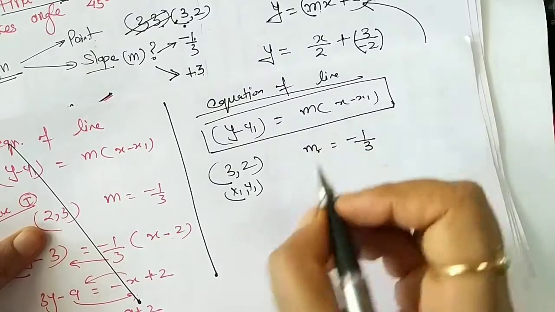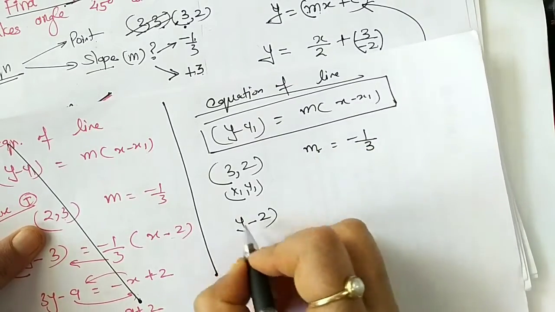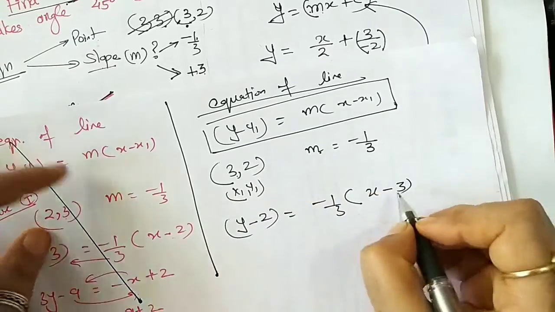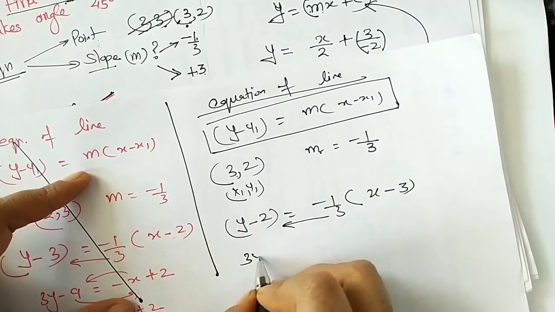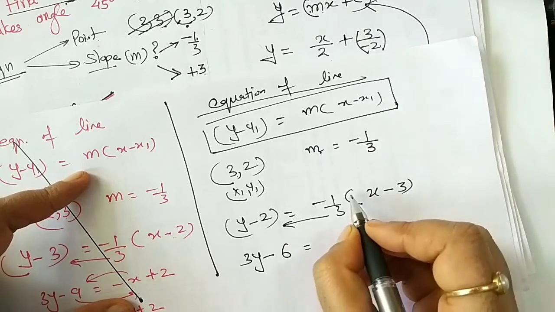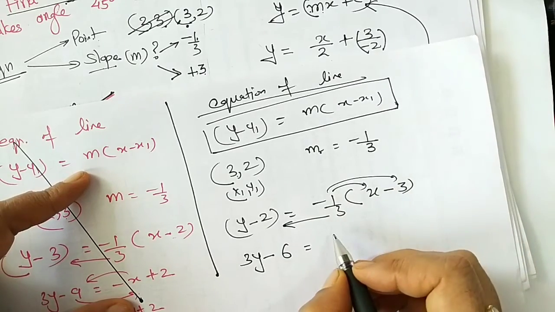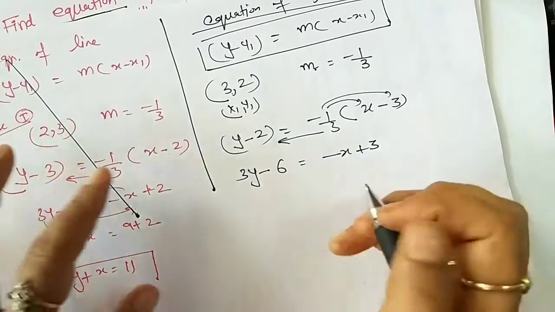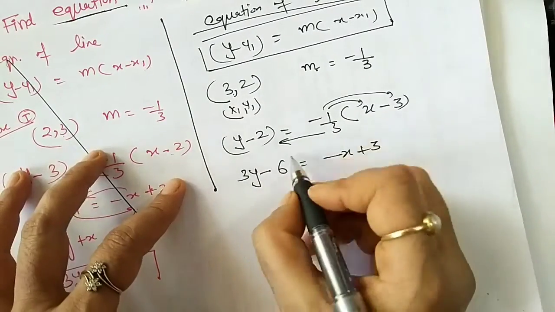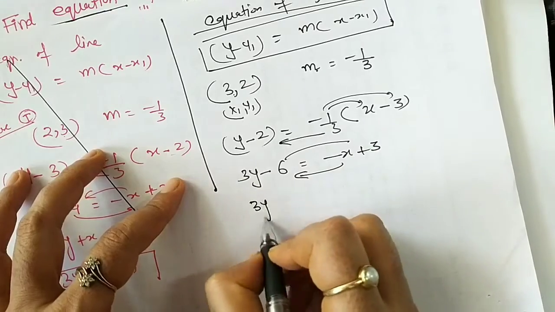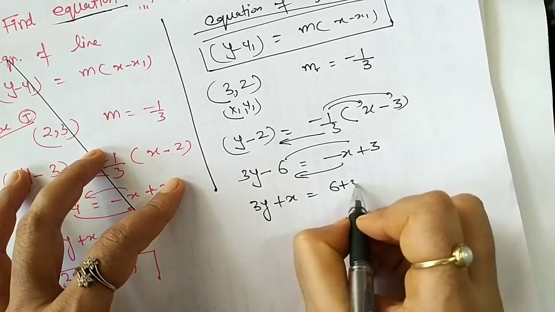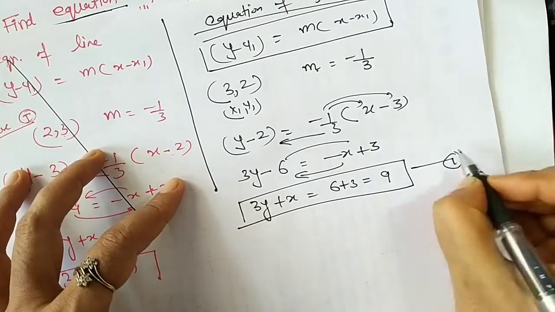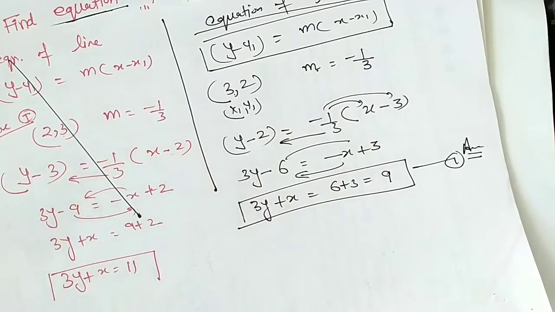So I have to fit these values here. So y minus y1 is minus 1 by 3 into x minus x1, which is 3. 3 is multiplied here, 3y minus 6, and this is multiplied with both to get minus x plus 3. So now I will take this here and this here. So 3y plus x is 6 plus 3, which is 9. So this is my first equation. That is, this is my first answer.